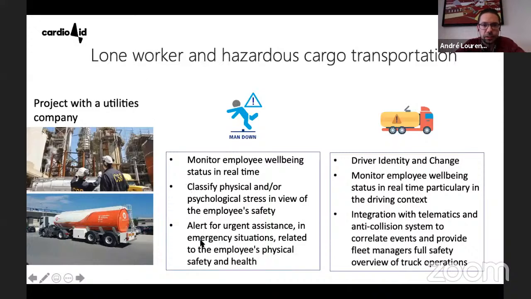This project can be integrated mainly in contexts where the worker requires a special kind of monitoring, as for example lone workers or workers that work with other cargoes or dangerous situations, and where we can monitor continuously the well-being and trigger events if something happens, and with this we can give the supervisors of the factories and of these dangerous operations indicators that everything is operating as it should be. This can also be used in a perspective of security.